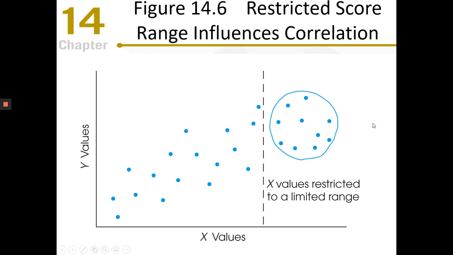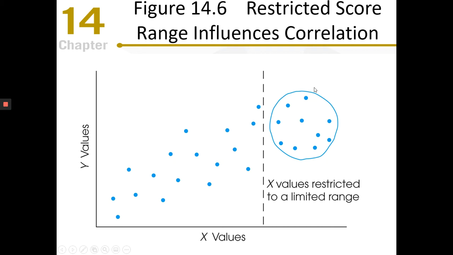So let's say I recruit people, and somehow my sample ends up being people who are high in narcissism and tend to be highly jerkish in their behavior anyways. So it's relatively high in both. And I look at this little limited range, and maybe there's no correlation here. It doesn't really stand out. It looks like that chocolate chip cookie. It just looks a little hard to predict. But if I did a broader sampling of people and got more variability in narcissism, more variability in how jerkish they are, now you can see that when we measure a broader range of people, it's starting to look like a positive correlation.